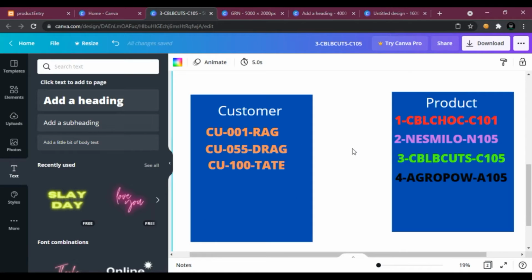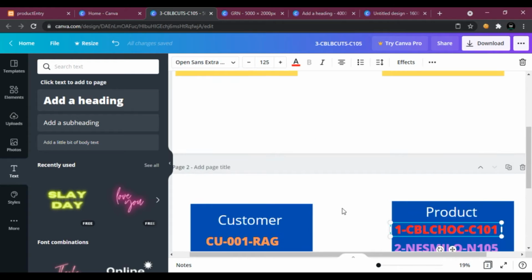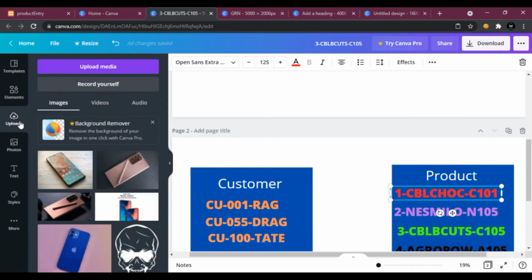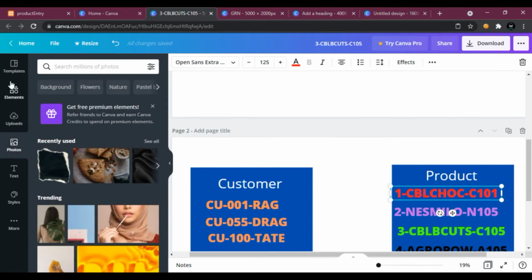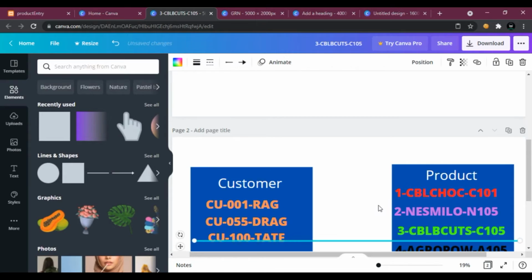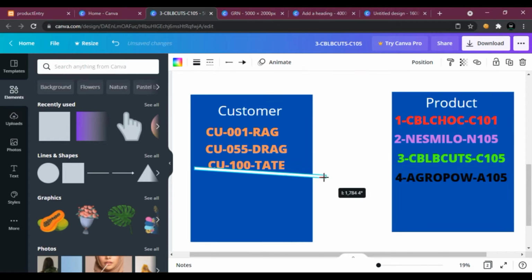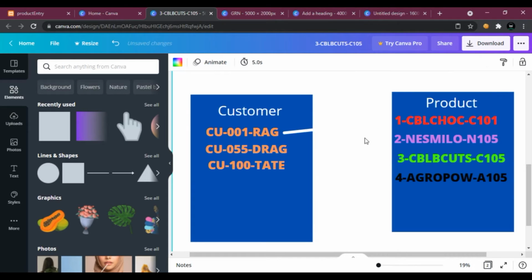So here you can see one customer can buy multiple products, right?